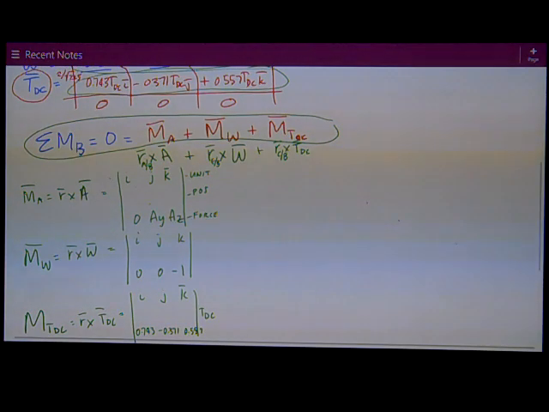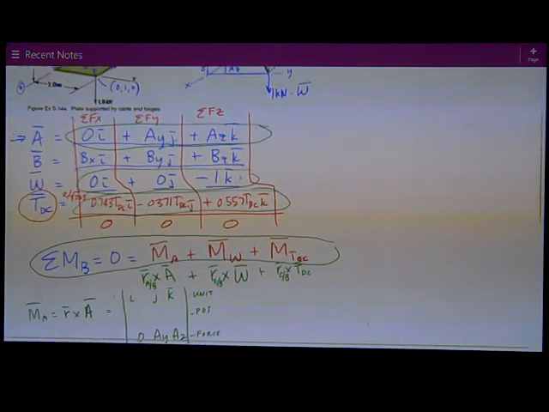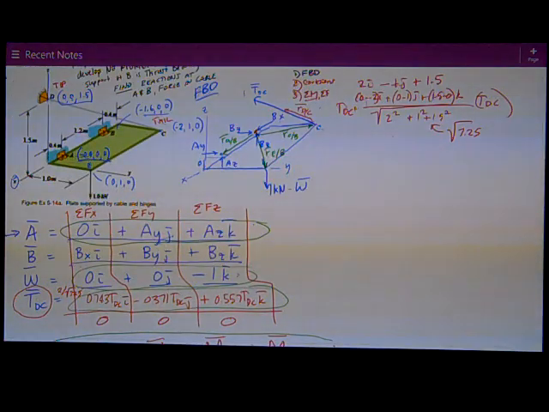Now I need to fill in the middle rows for all these, which is the position vector. So let's look at the position vector for the force at A, which is RA over B. Here's my coordinates.